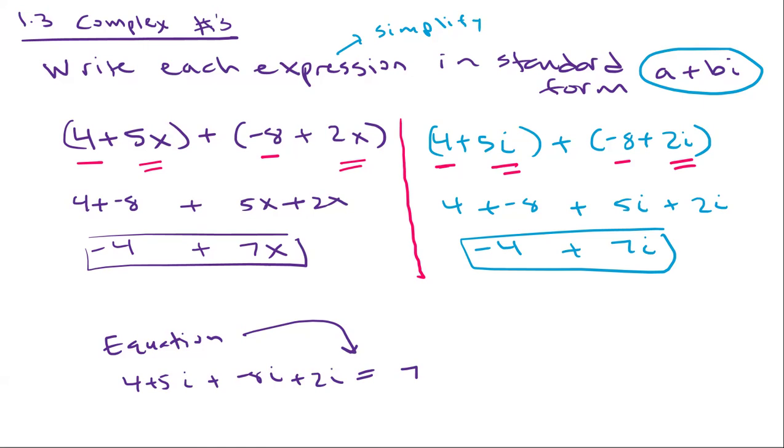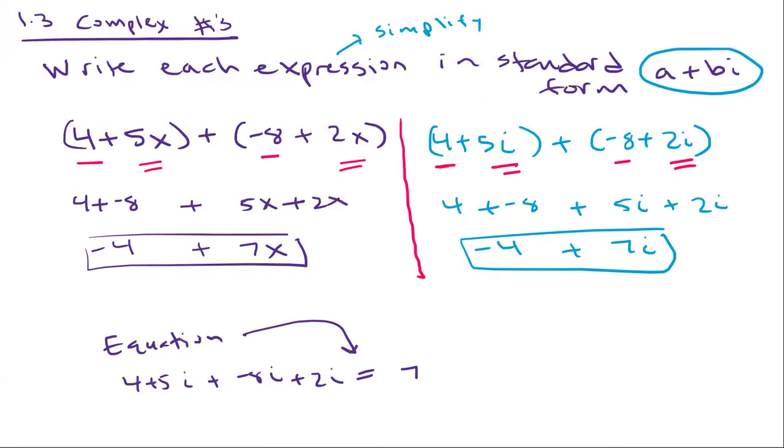It doesn't have to be necessarily a positive a and a positive b, so don't get that confused. It's just saying it should be in this form: you have the a in the front and the b in the back. That's all that's saying. So this is writing an expression in standard form in regards to complex numbers.